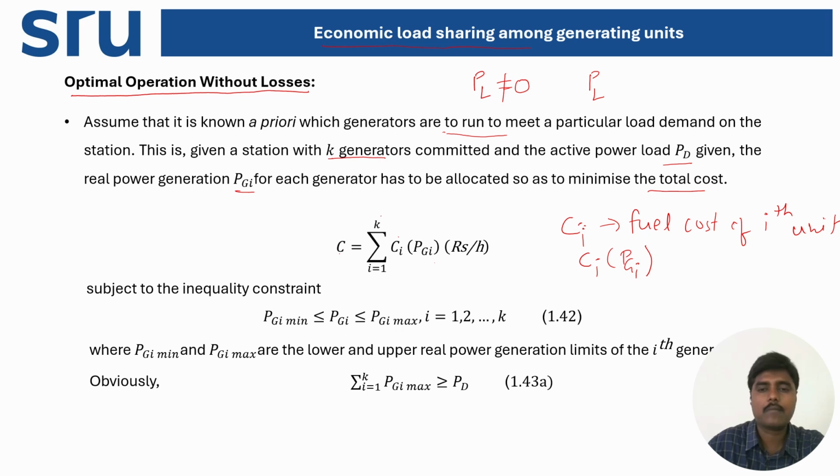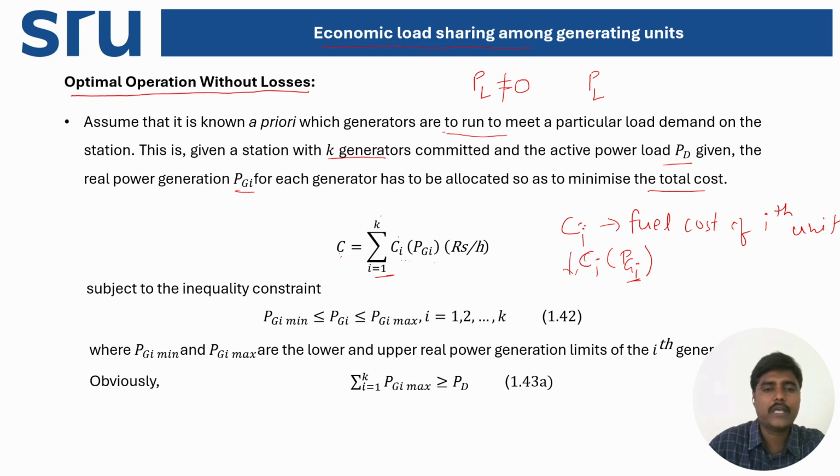For example, if it is a thermal power plant and you want more power output, you have to burn more coal, for which you have to spend more money. That means fuel cost will increase. If you want to reduce the power output, then you burn less coal, and the cost of fuel also comes down. So in both ways, you can understand that Ci is a function of the power output of each and every unit. And this total cost can be expressed as the sum of the individual costs of all the units.